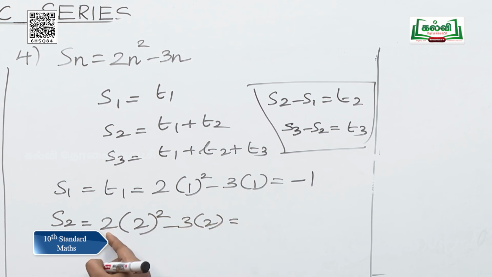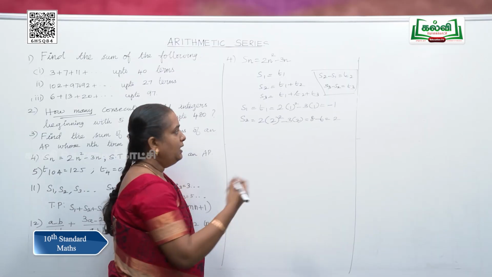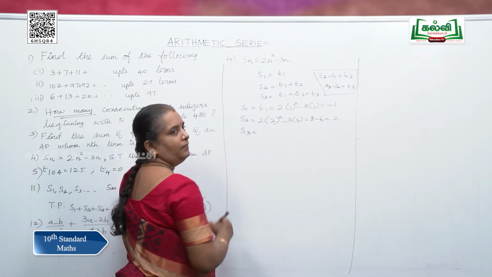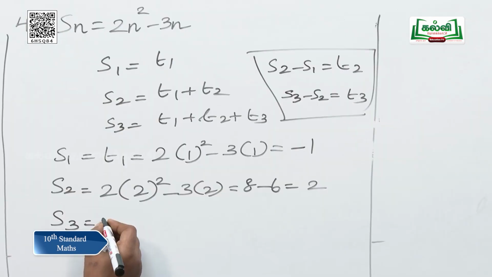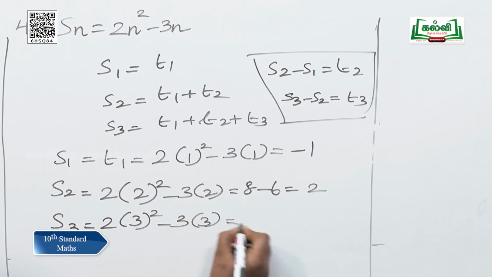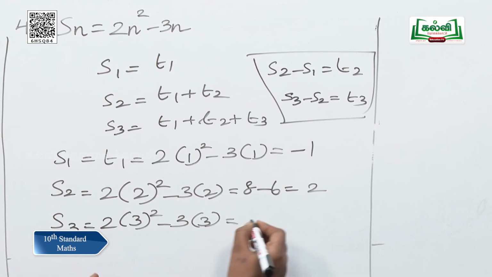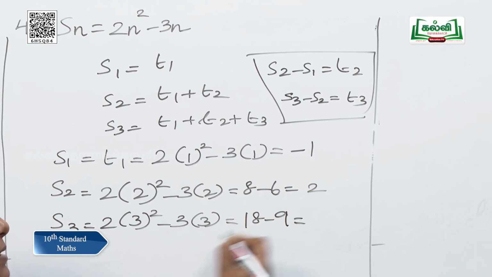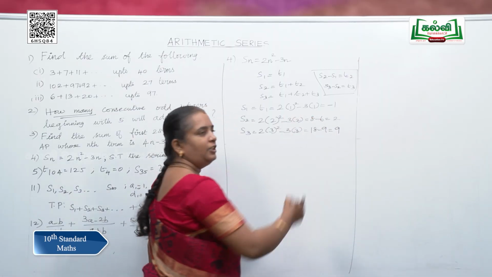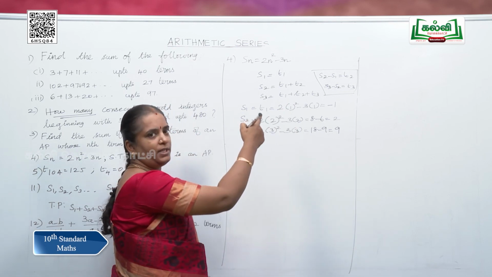So here 4, 2s are 8. 8 minus 6 is 2. See, let us take S3. Substitute 3 for n. So 2 into 3 square minus 3 into 3, which is 9 into 2, 18. 18 minus 9. Yes, you are correct. Now let us find T2 and T3 by using those two.